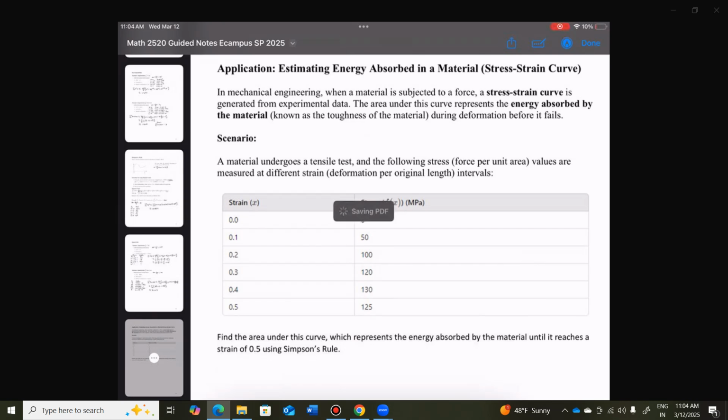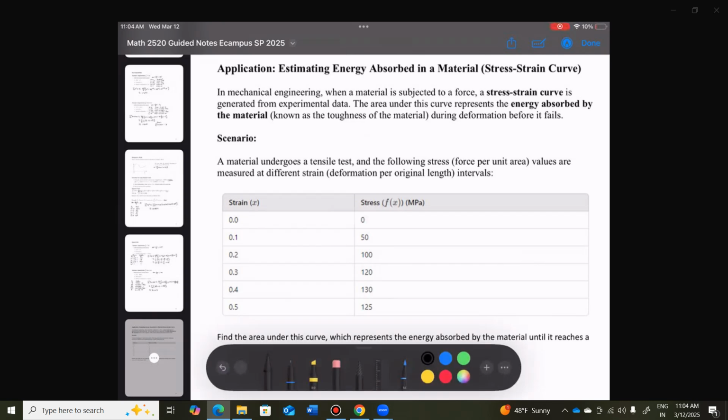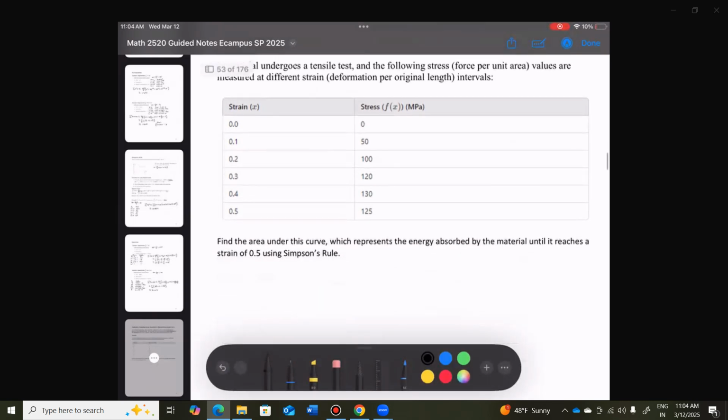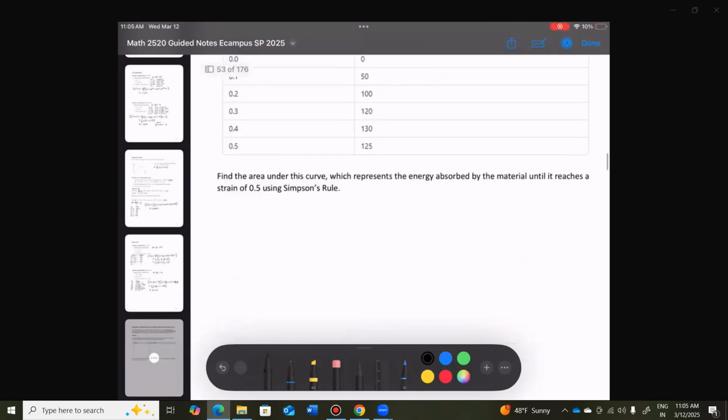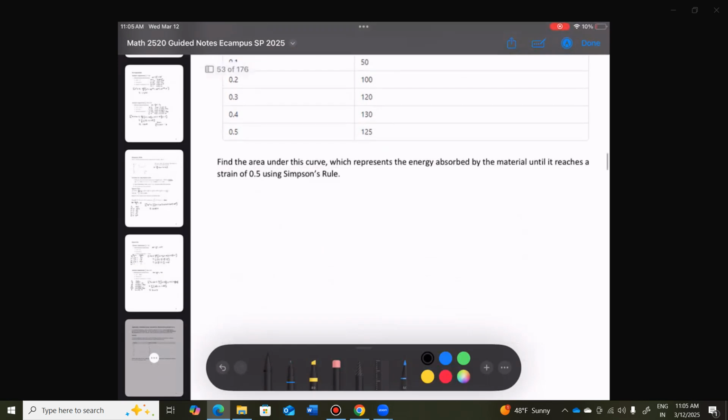So the material undergoes a tensile test, and the following stress values are measured at different strains. So for 0.0 strain, you get a stress of 0. 0.1, 50, 0.2 is 100, 0.3 was 120, 0.4 was 130, and 0.5 was 125.